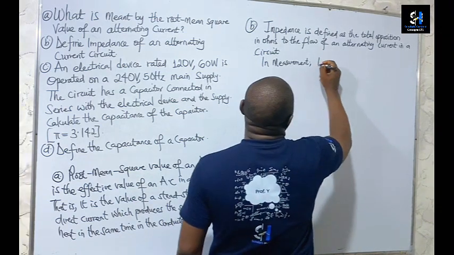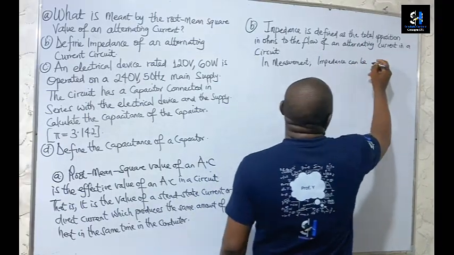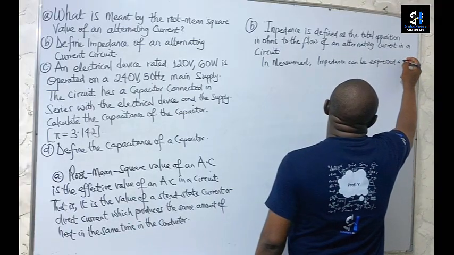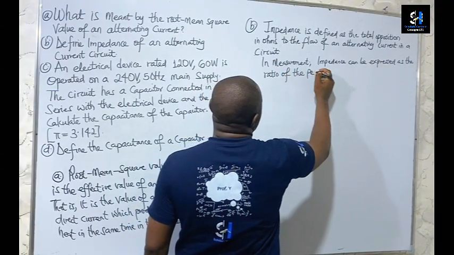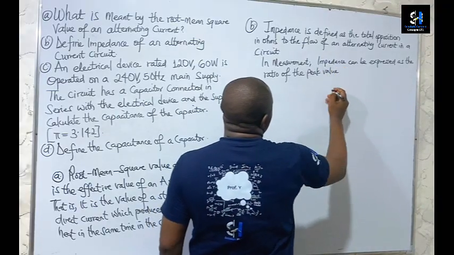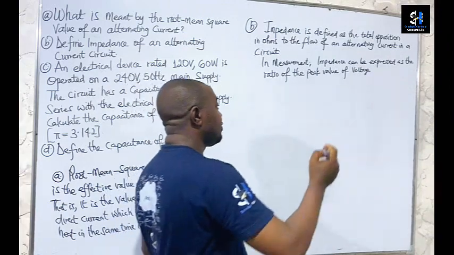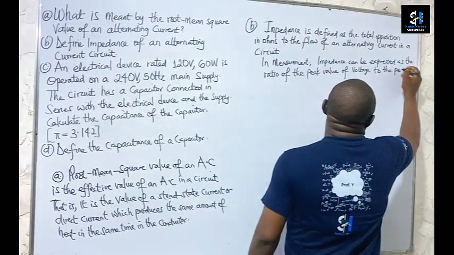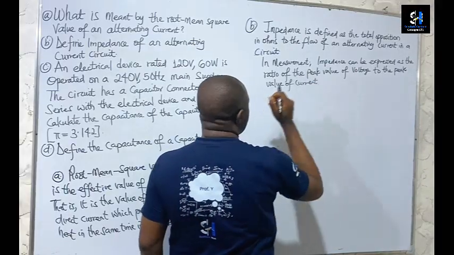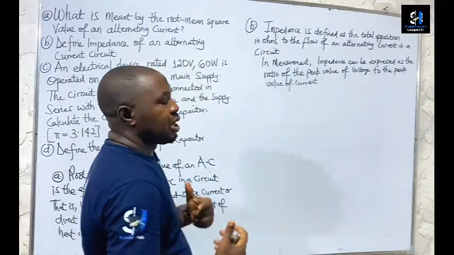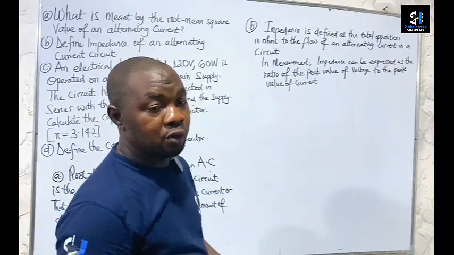In measurement, impedance can be expressed as the ratio of the peak value of voltage to the peak value of current, or it can be measured as the ratio of RMS value, that is root mean square value of voltage, to the root mean square value of current.